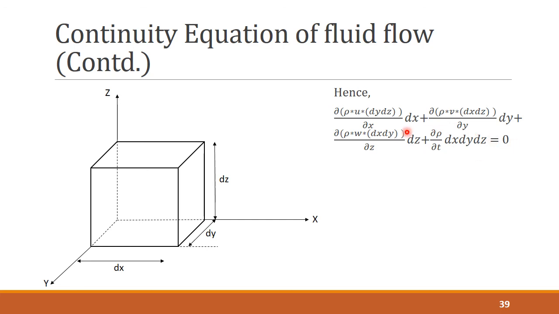You can see that dx, dy and dz are common throughout, and they are also constants, so they can be cancelled. Our expression will now read dou of rho u by dou x plus dou of rho v by dou y plus dou of rho w by dou z plus dou rho by dou t is equal to 0. This is your continuity equation. This is the expression for the continuity equation.